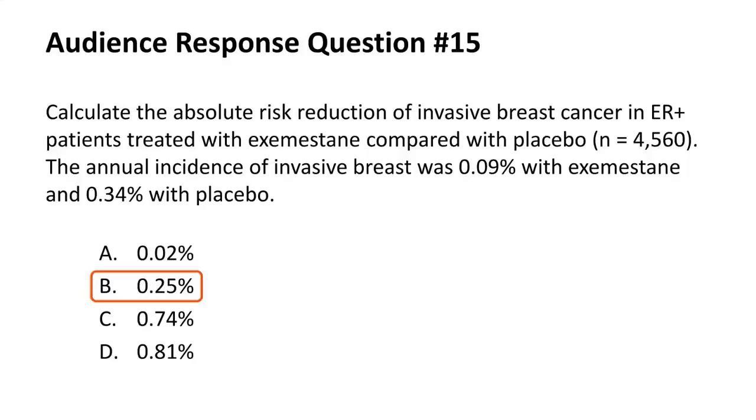The correct answer is B, 0.25%. So to calculate the absolute risk reduction, we take the control event rate minus the experimental event rate. And so for this example, we need to use the annual incidence of invasive breast cancer because in this study, they were looking at the incidence of invasive breast cancer, and these values are just the annualized incidence of invasive breast cancer.